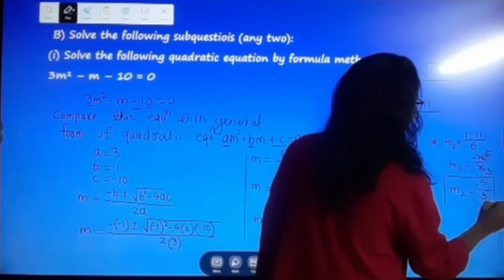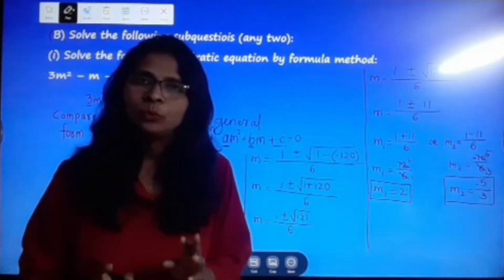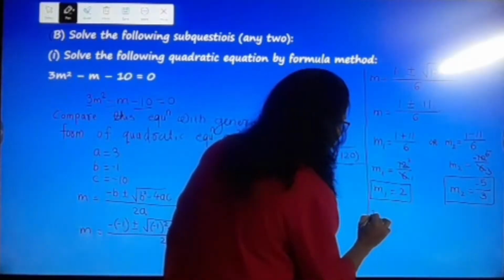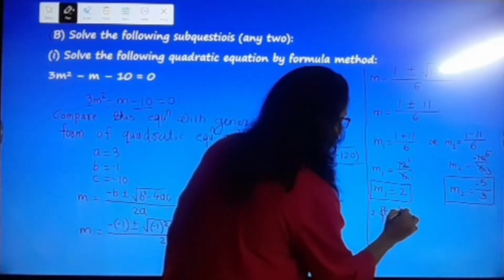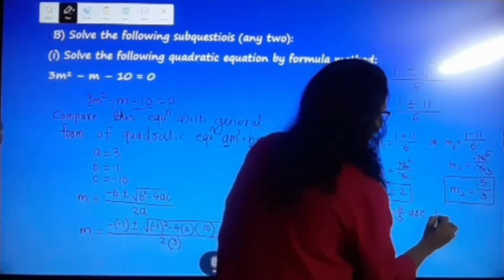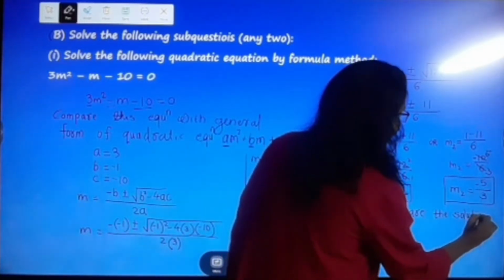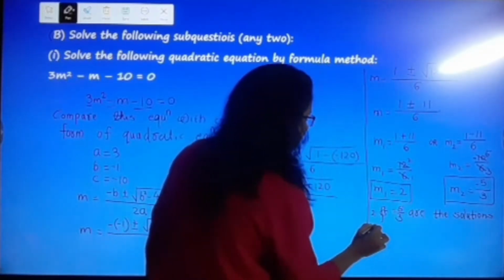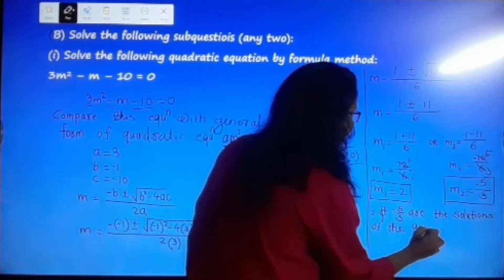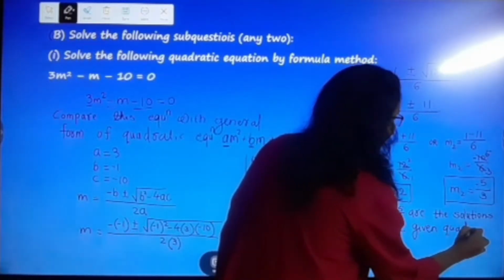Yes students. So such a way we get the two solutions. So I write down here 2 and minus 5 upon 3 are the solutions of the given quadratic equation.